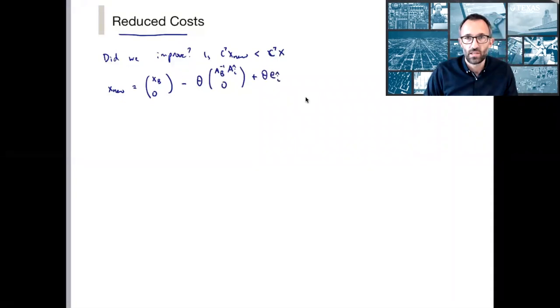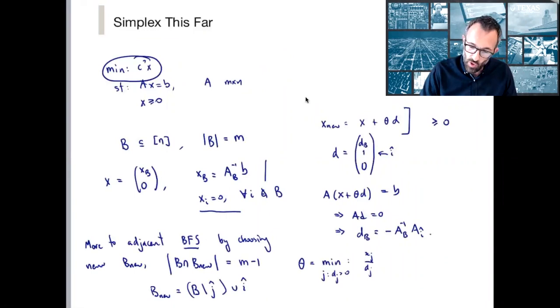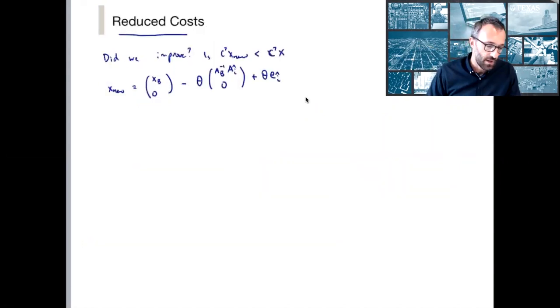Okay, so all I've done here, let me flip to the previous slide, I just wrote out this expression component-wise, or actually I just separated out that one.